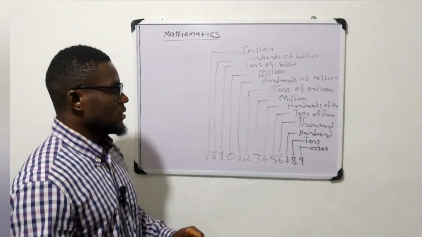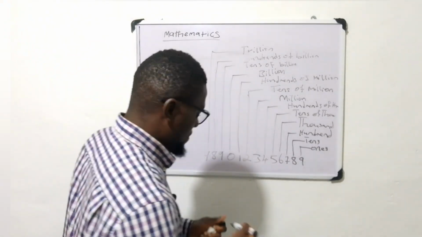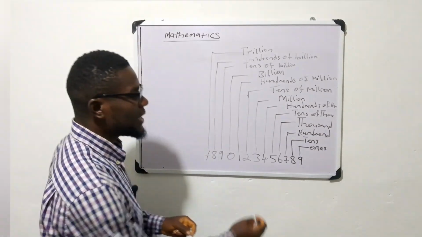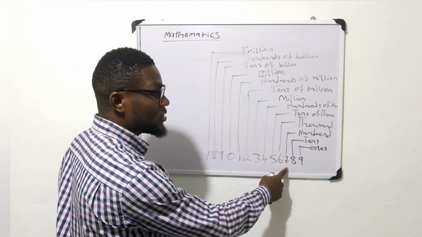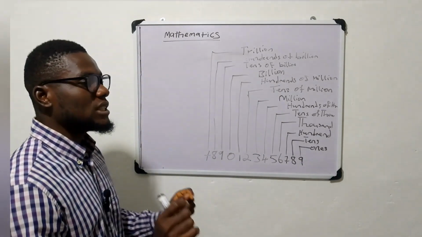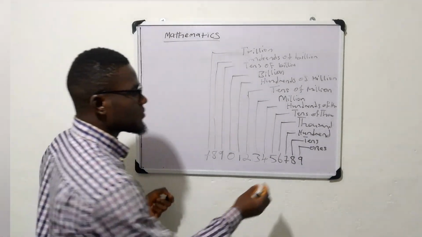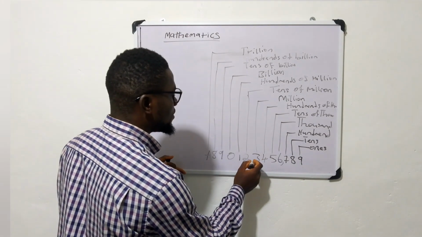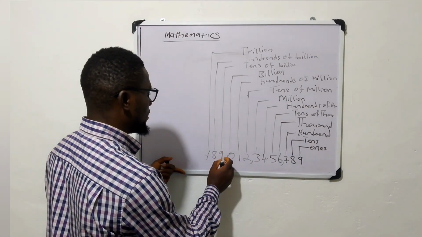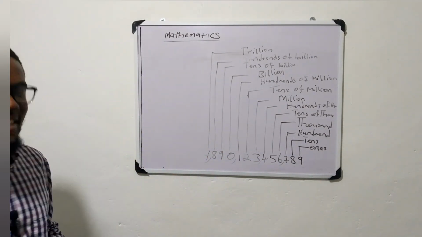Now, let's do something like this. Remember, the hundreds of ones stops here. So we're going to group them into 3 digits. 1, 2, 3, comma, 1, 2, 3, 1, 2, 3. That's correct.